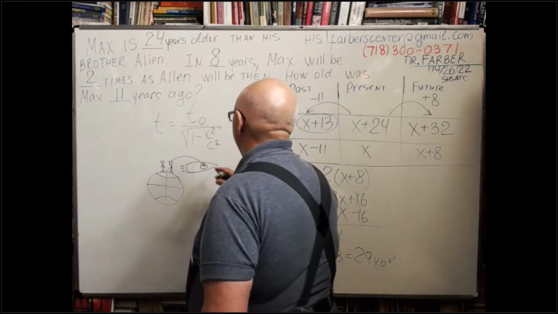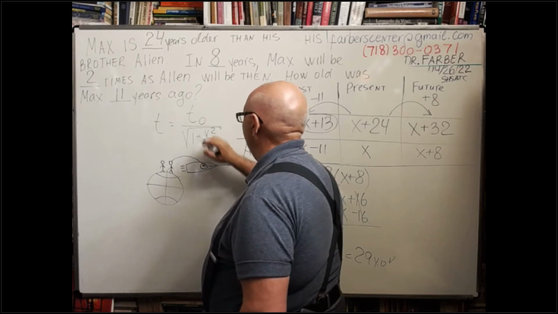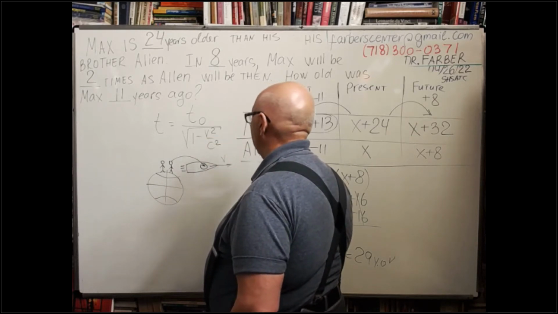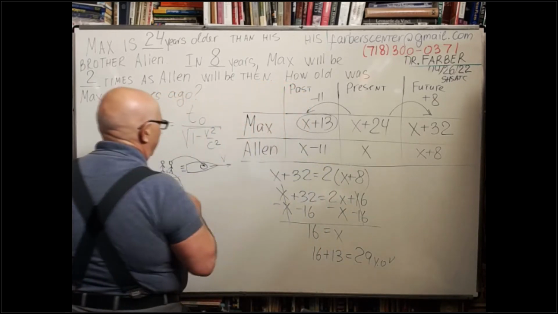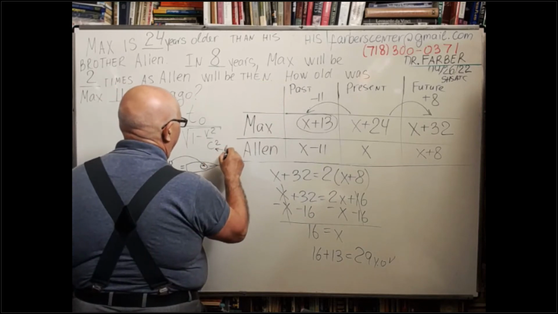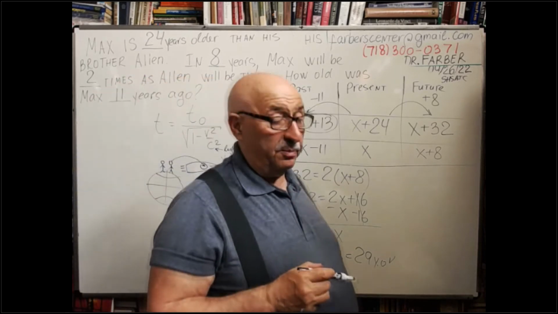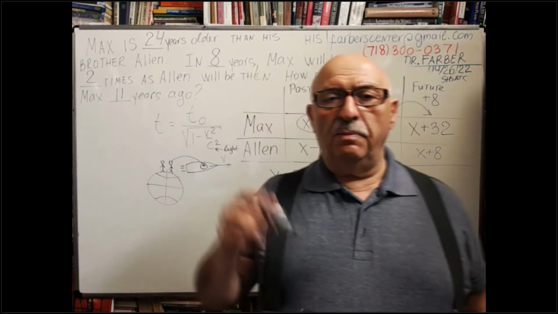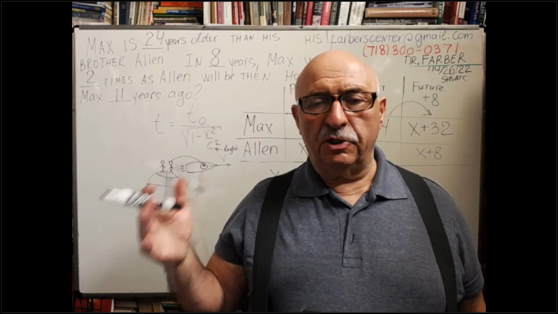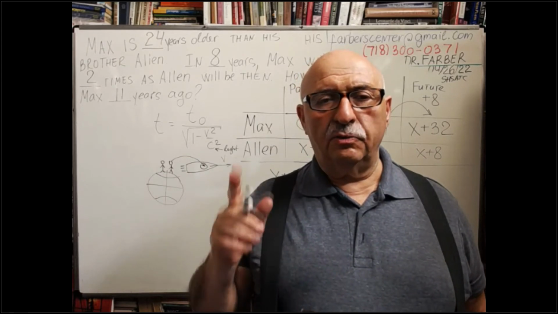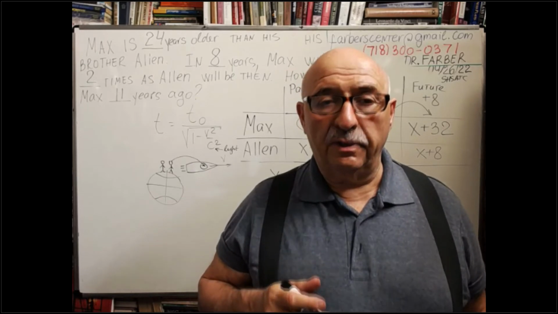And what is v? v is the speed of this rocket, how fast you are. What is c? c is the speed of light, light rate. And light rate is 300,000 kilometers per second. And imagine, it's impossible, but imagine that the speed of this spaceship is very close to the speed of light.